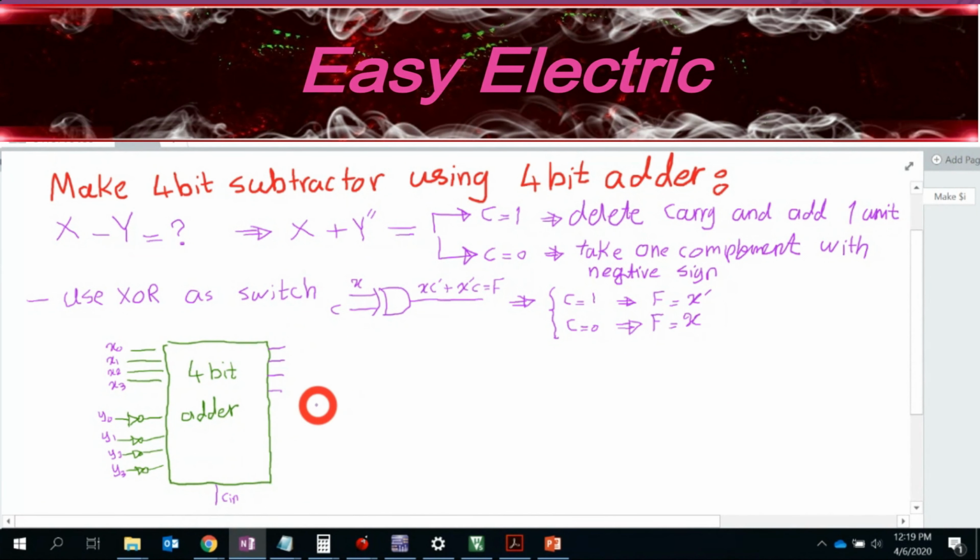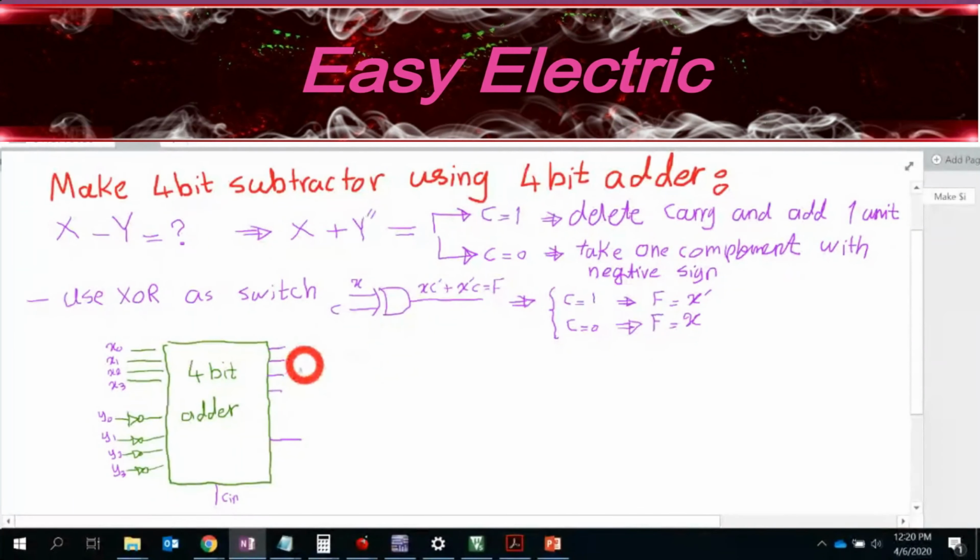I definitely want to use this concept. I add X plus the first complement of Y, which is this. Then I need to check the carry. Where is the carry here? It is this C4 that we already know. So if this carry is 0, I need to take the one's complement of the output.